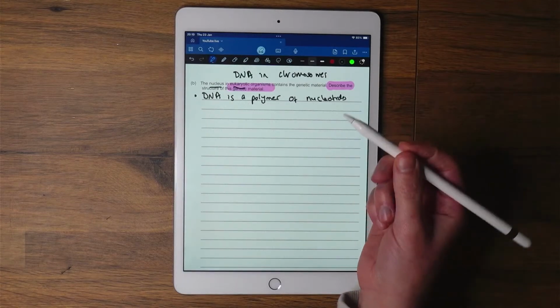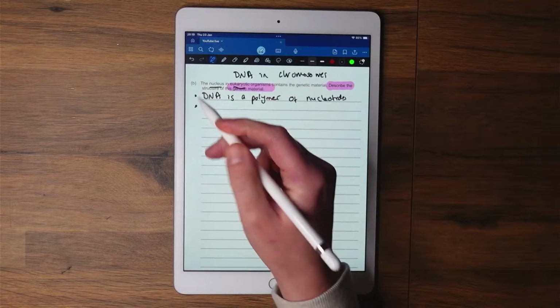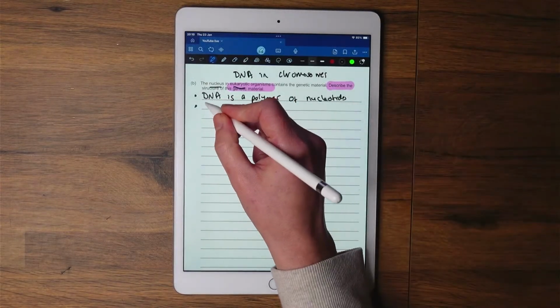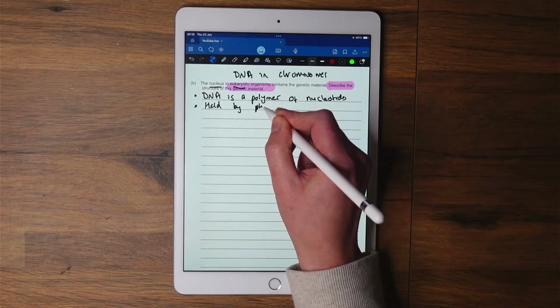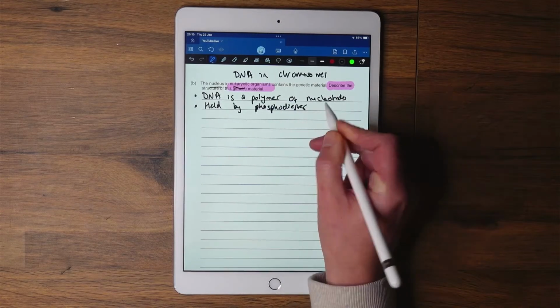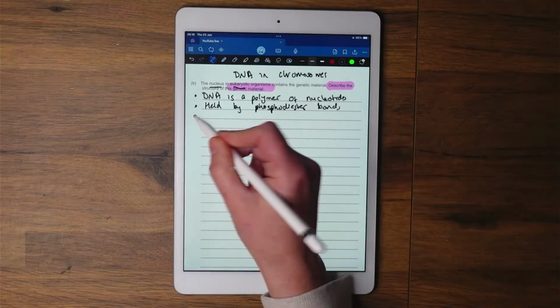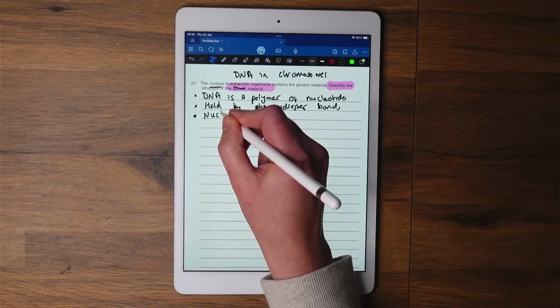However, I am going to say held by, not hydrogen bonds, sorry, phosphodiester bonds between those nucleotides. So held by phosphodiester bonds.